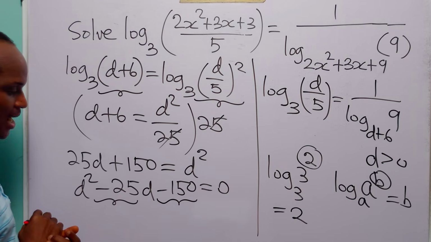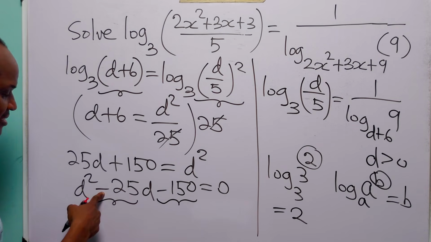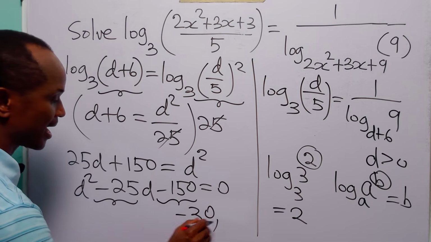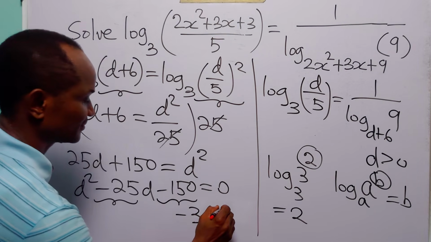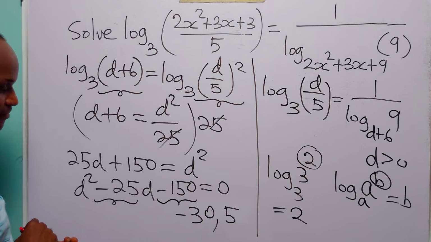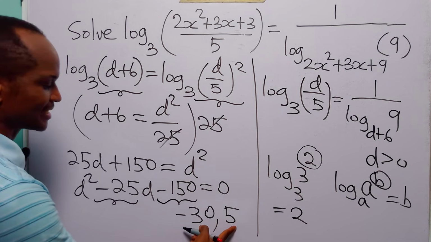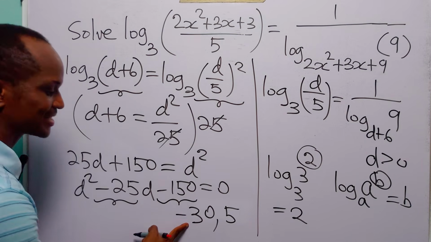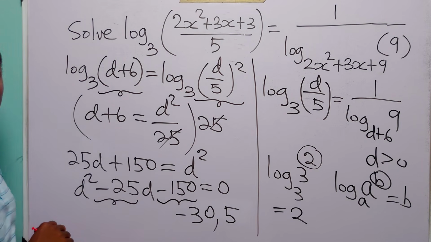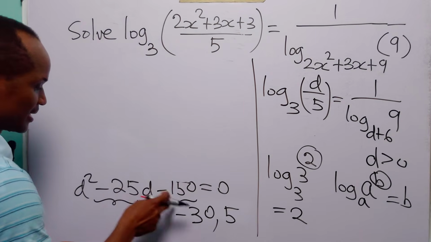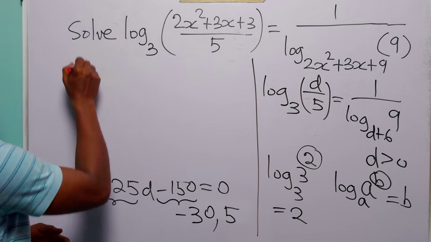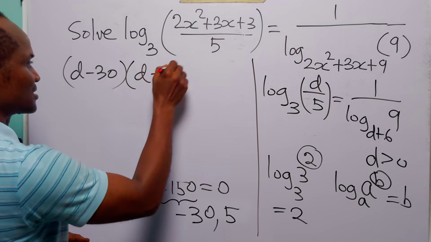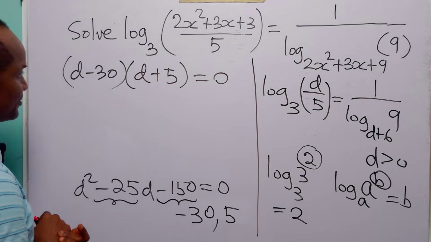Those two are going to be minus 30 and 5, because minus 30 times 5 gives us minus 150, while minus 30 plus 5 gives us minus 25. Now we can factorize this as (d minus 30) multiplied by (d plus 5) is equal to 0.